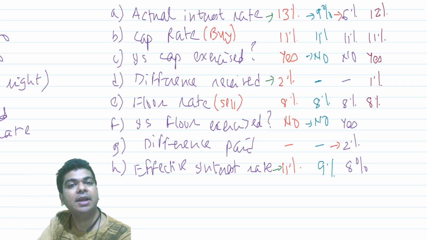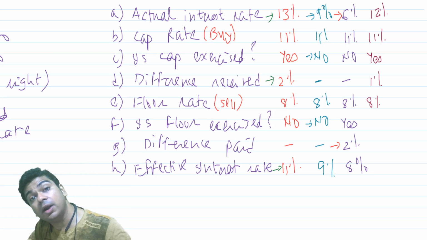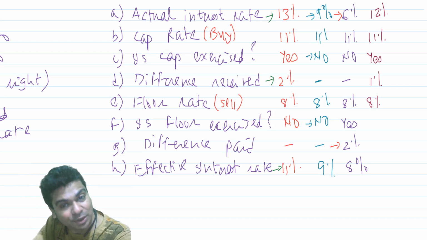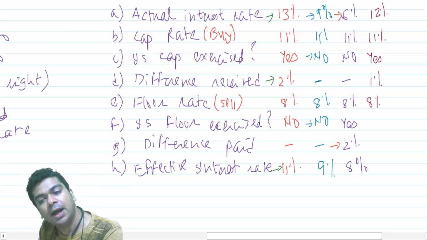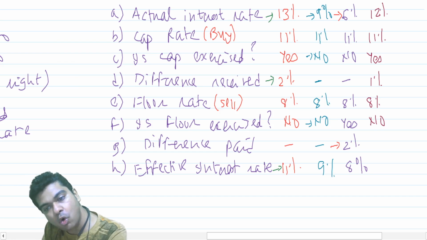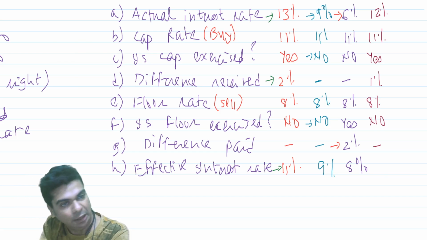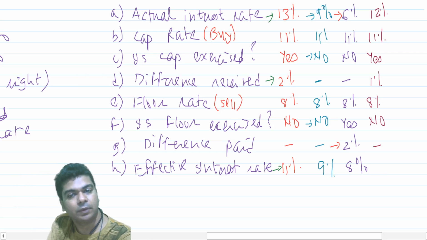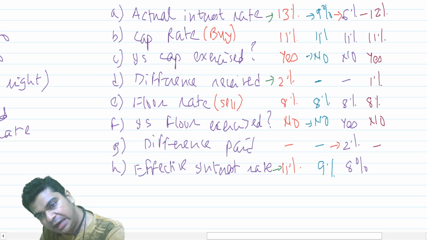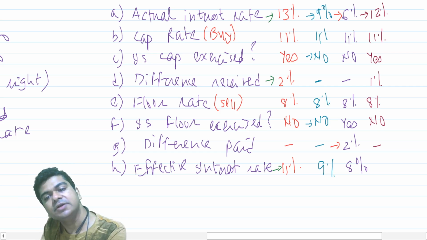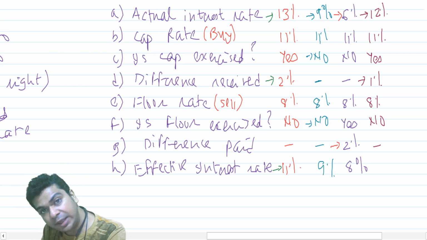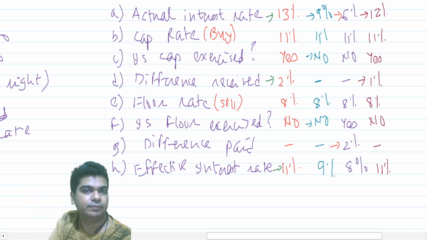So that person can deposit money at 8% or can deposit at the actual rate of 12. Now, why will that person deposit at 8? So floor allowed to expire. No difference to be paid. Question is, what is my effective interest rate? I have borrowed at 12, but I will receive a difference of 1.